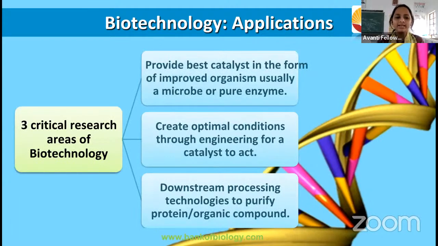So these are the three critical research areas in biotechnology. What are those? First, what will we do in biotechnology? We will create an enzyme, right? For example, you create curd in your home also. That bacteria contains so many enzymes, right?